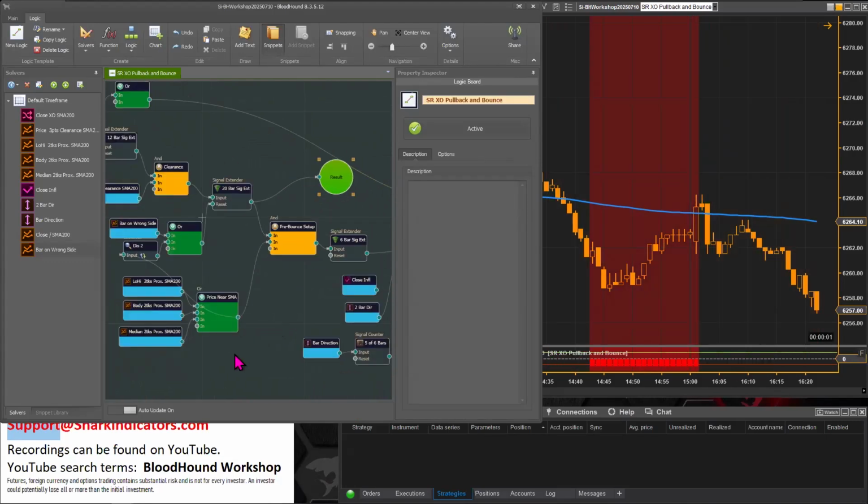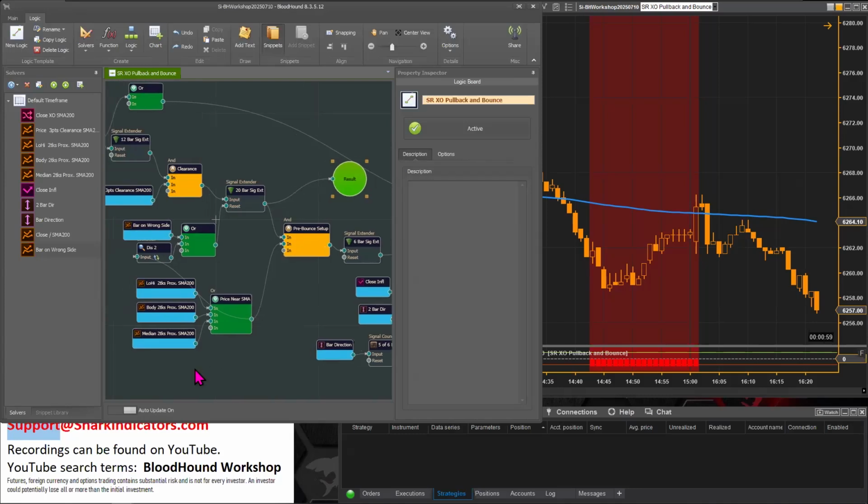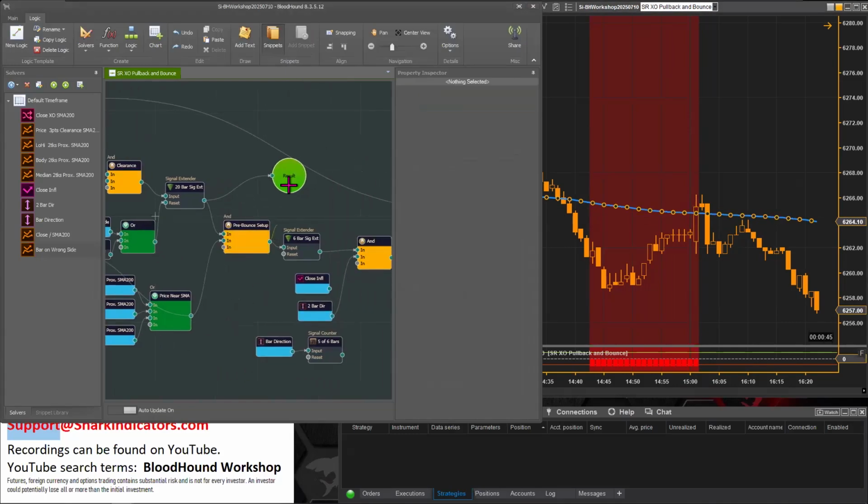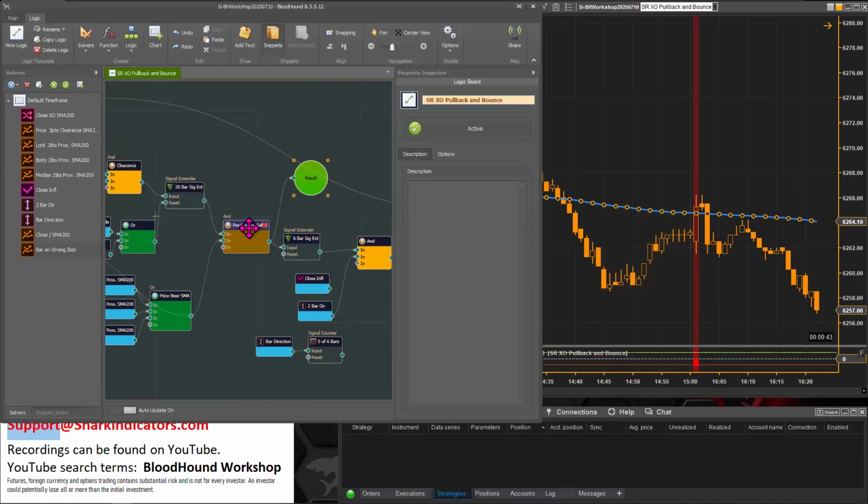So my gut instinct here is telling me that while this did work, we can see our signal extender turned off here when price was within range of the SMA. So if we look at this AND node here, there we go.